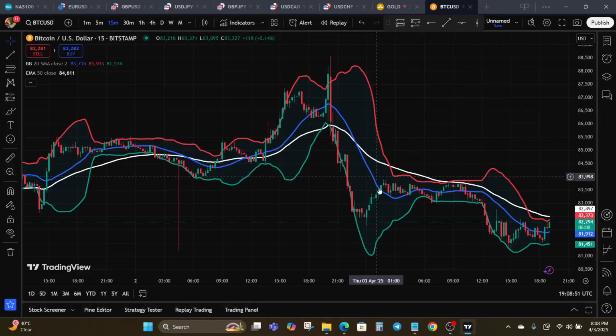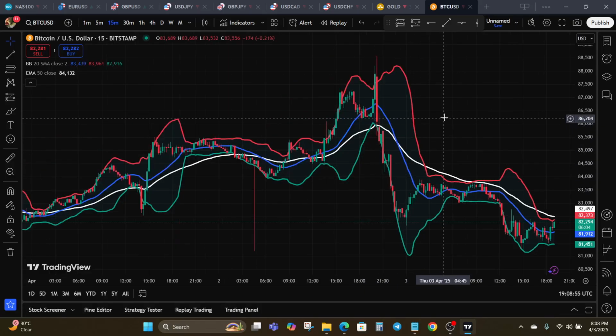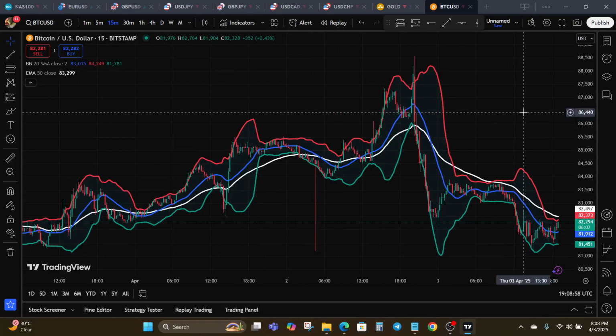So by combining these two, we get a clearer picture of the market, helping us make better decisions.